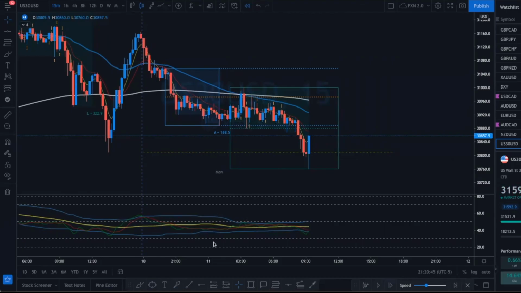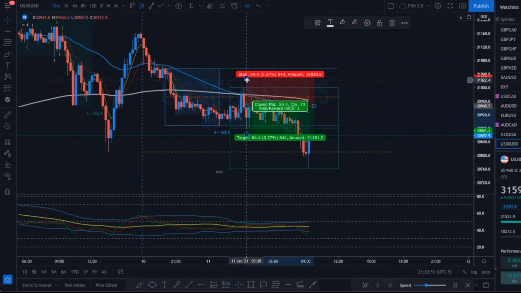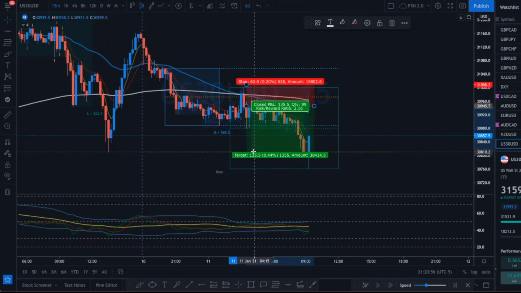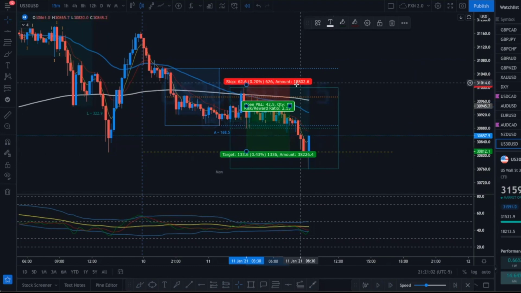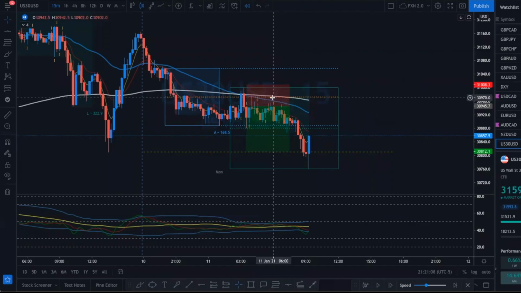So if you're looking at this as a trade setup, let's just say it would have been, I mean, you're still getting a 2-to-1. I don't know how accurate these numbers are, by the way, so I don't know if the decimal is off or not, but it'd still be a 2-to-1 trade.